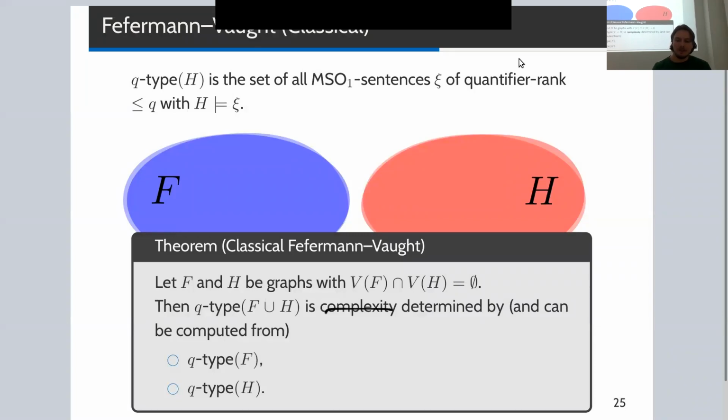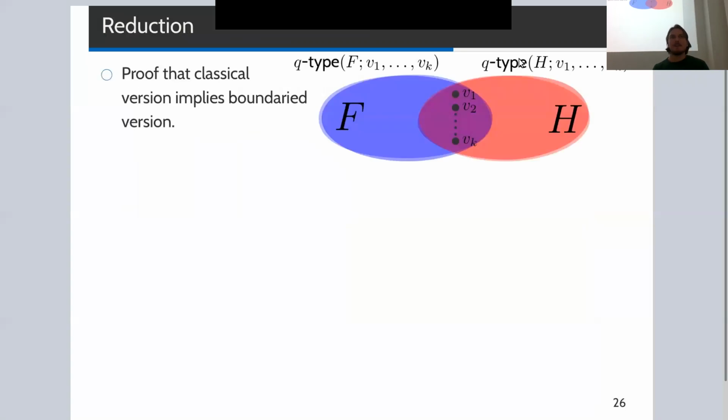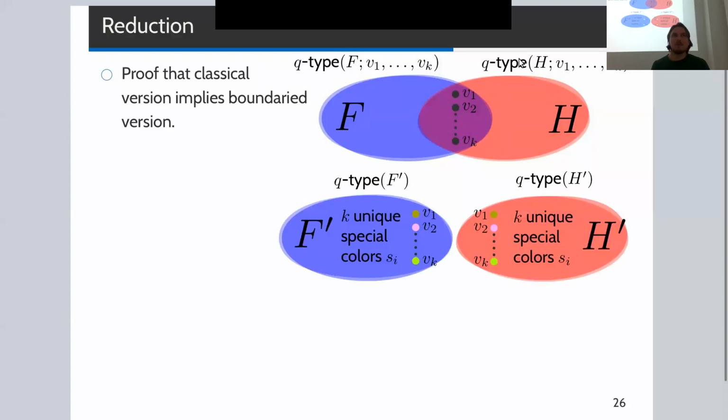And maybe I would like to sketch how you can get this advanced tree width version from the disjoint union version. So let's say we are in this setting: we have this boundary v1 to vk, we have the Q-type in F, the Q-type in H, and we want to combine the Q-types of both of them. What we can do is use this version for disjoint subgraphs.